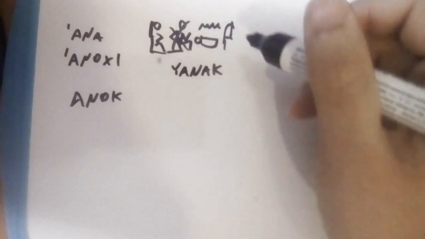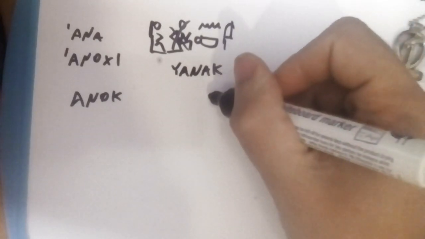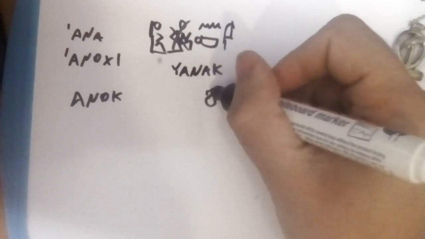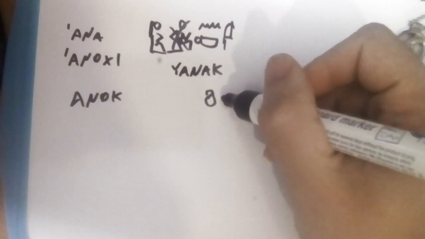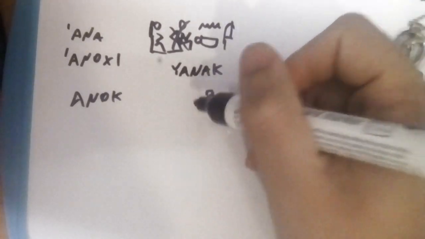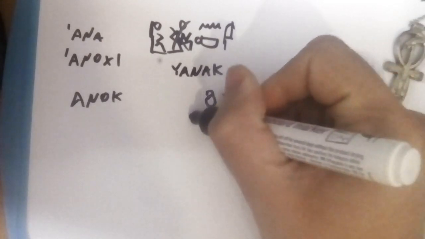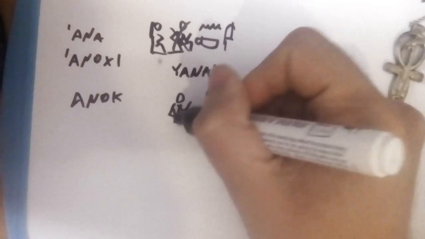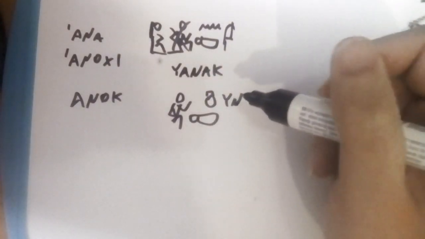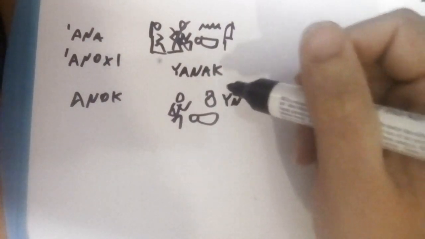Another way to write it was with this jar, I think, that represents the sounds ya, na. So it was the k, and perhaps the man or the woman and so on. But there were other combinations.